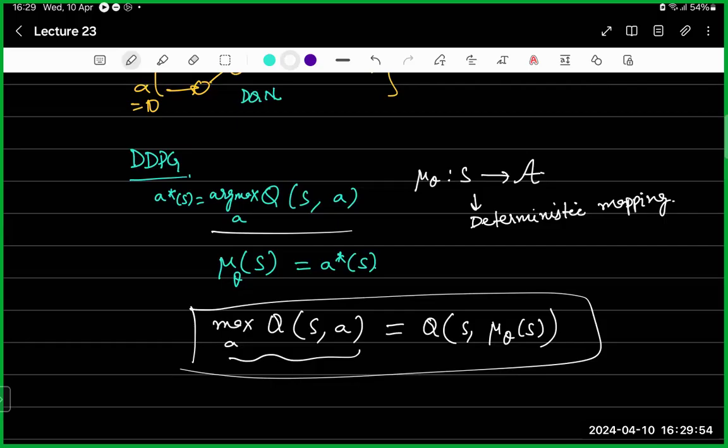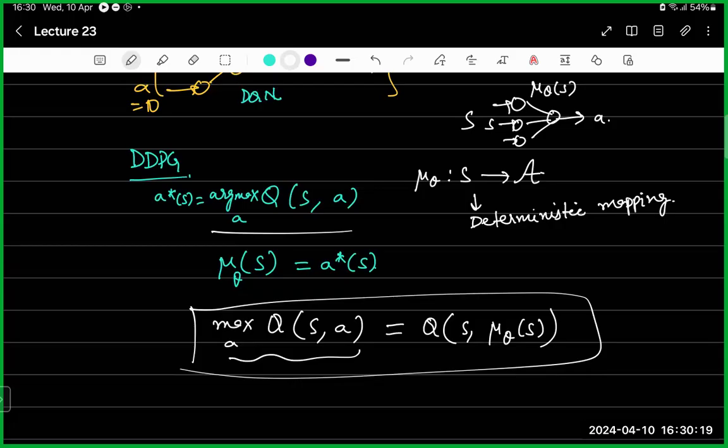You can think of mu as a neural network which will take S, and let's say your action is a real number. It will just give one real number as output. So let's say your A is a real number between minus infinity and plus infinity.